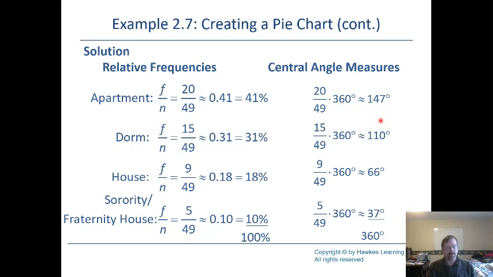That's another way to think about this if that's easier for you. Or if you just need to remember the formula and work off that, that's fine too. At the end, though, it should add up to 360 degrees. If it doesn't, then you've probably rounded something wrong somewhere.